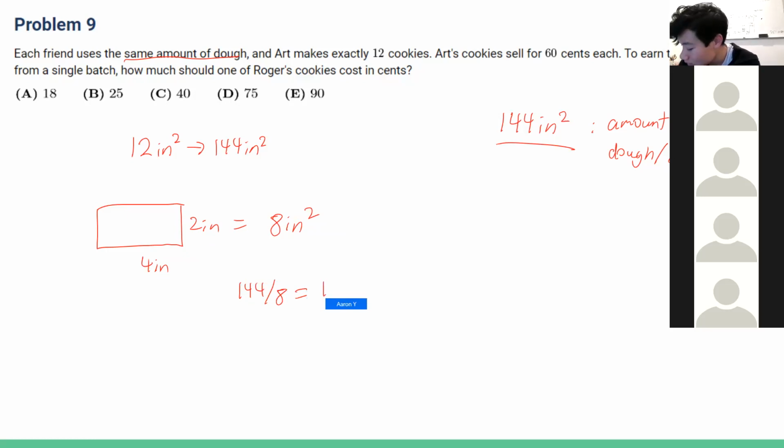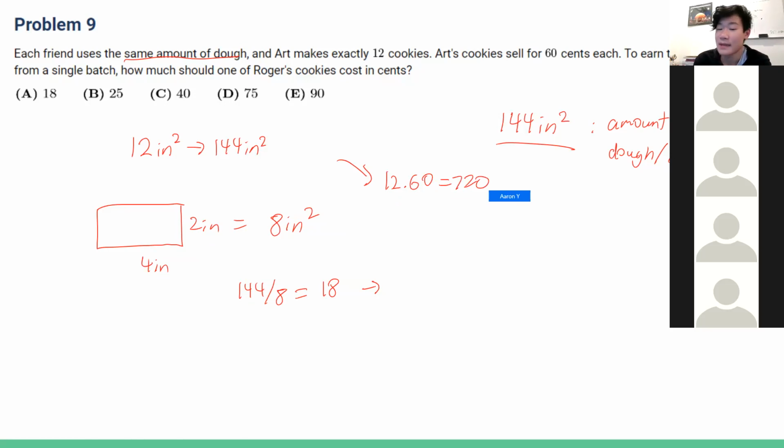And that's 18 cookies. So in total, the amount of money Art will earn is 12 times 60, which is 720, because Art makes 12 cookies and they sell for 60 cents each. So he makes 720 cents.